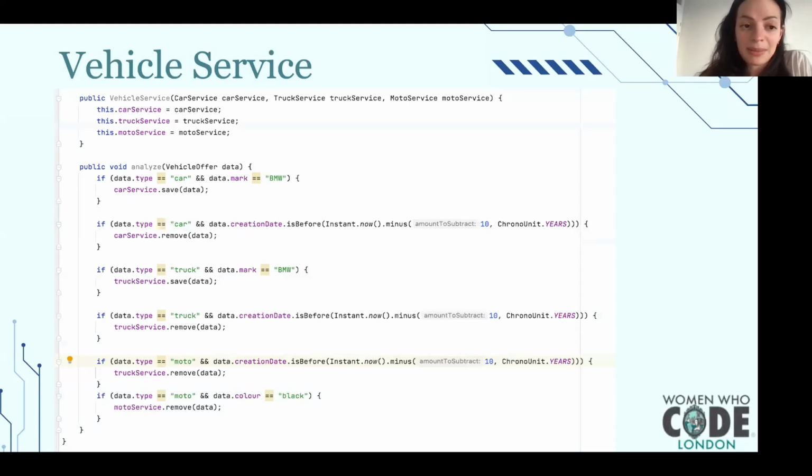So the problem statement: a vehicle service that accepts vehicle offers. You can think about it as a platform that accepts different offers to sell them. Basically, it's like eBay, but for vehicles, for example.